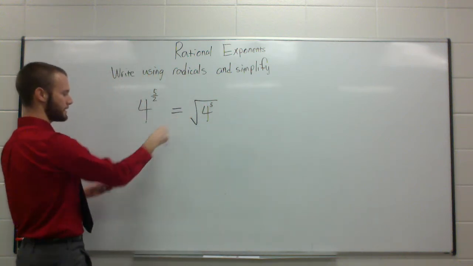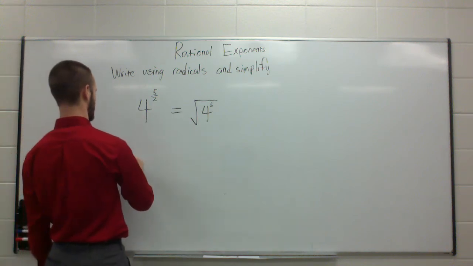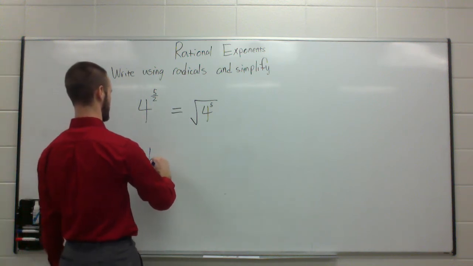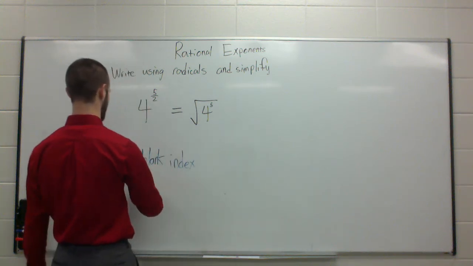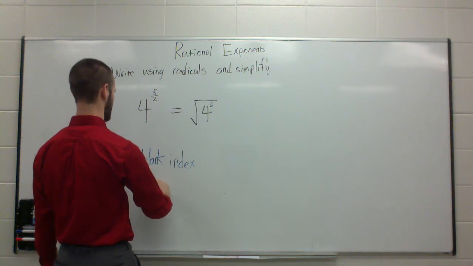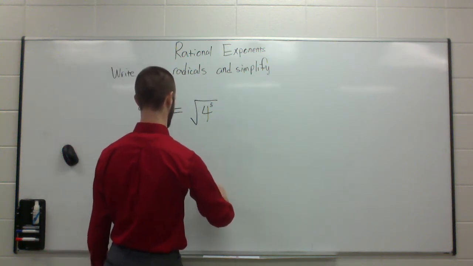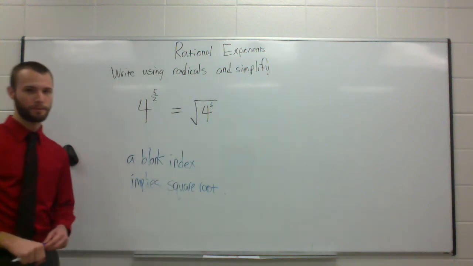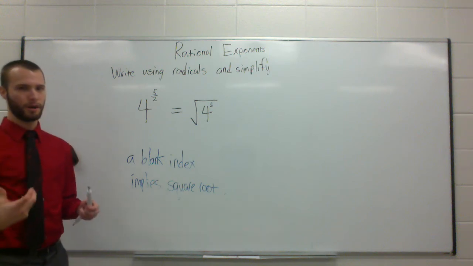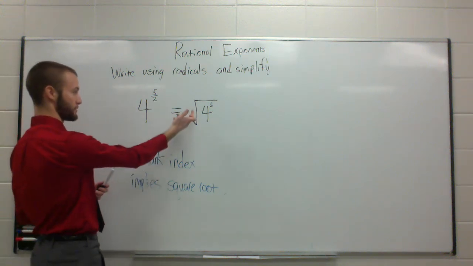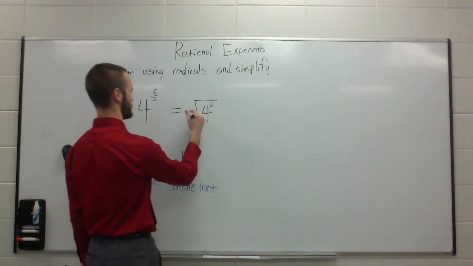And then I left the index blank because, you might want to write this down as well, a blank index implies square root. And you should know this because anytime you see that radical sign, you automatically think square root. So if there's no number here, that's a square root. If it helps you to write it, go ahead and write it.